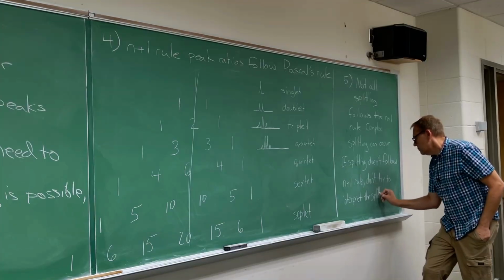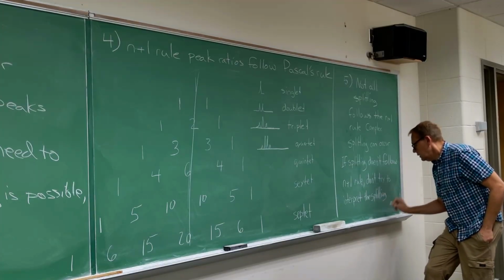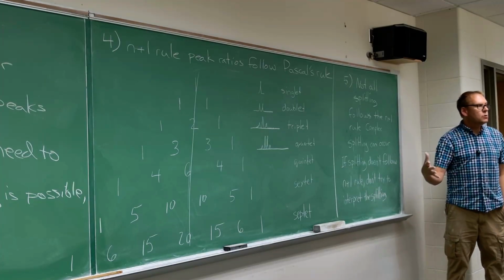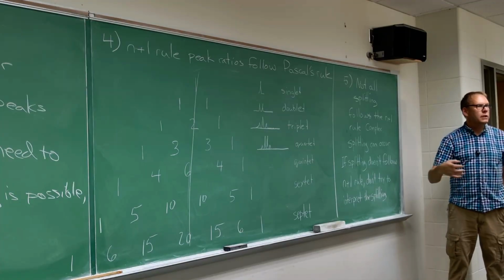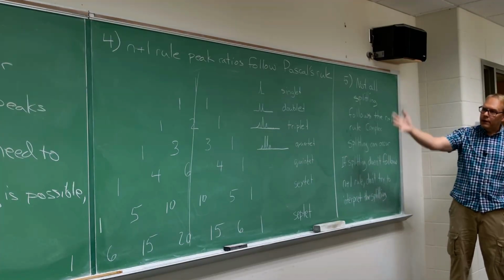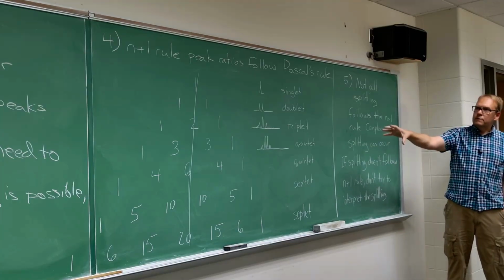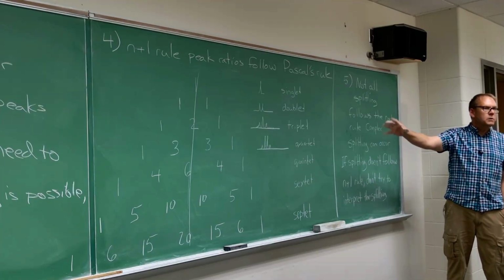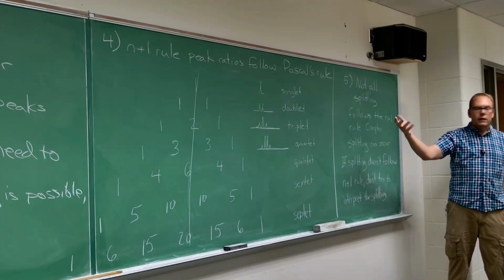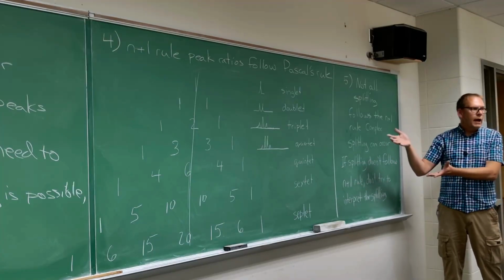Essentially, you can interpret n+1 splitting when you see a multiplet or a split signal that follows this Pascal's rule pattern: a multiplet that's symmetrical and has peaks that follow these patterns.